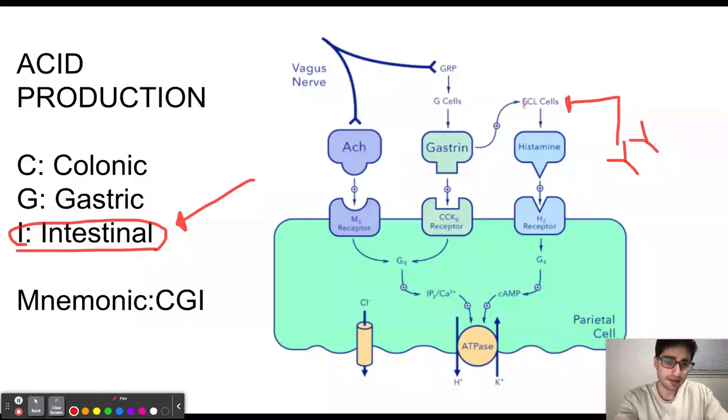And if we inhibit the enterochromaffin-like cells, then we're not going to be able to produce histamine, and histamine is not going to be binding to the H2 receptor, and we're also not going to have the downstream effects to produce acid. So as a result, the main function of the intestinal phase is actually to decrease acid production, and this is kind of a way for the body to protect itself from a too acidic environment.